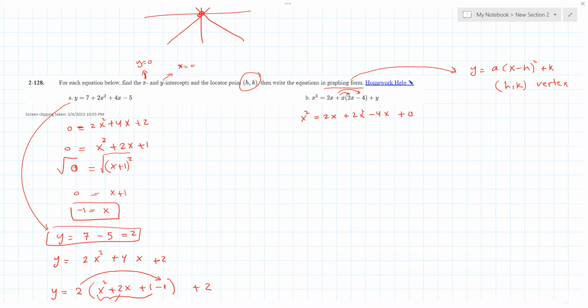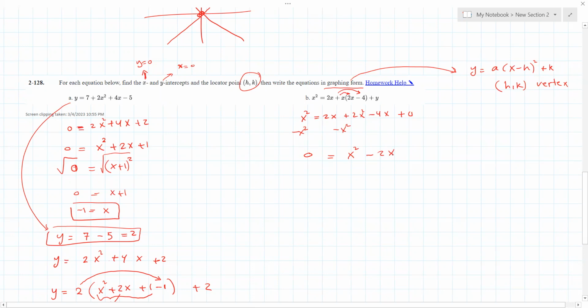We might combine the x's here, so let's make the left hand side 0. So I will subtract x squared from here and x squared from here. Now 2x squared minus x squared, that's x squared. Now we have 2x minus 4x, that's -2x, equal to 0.